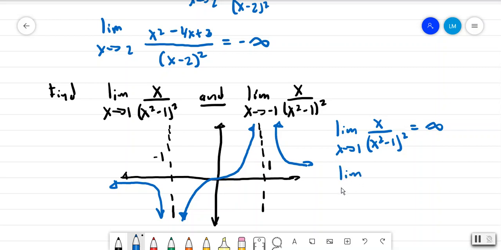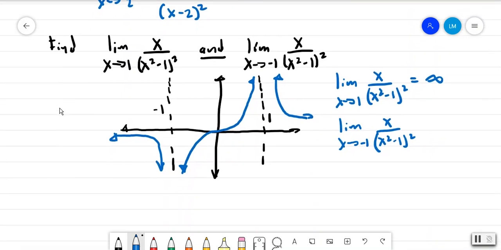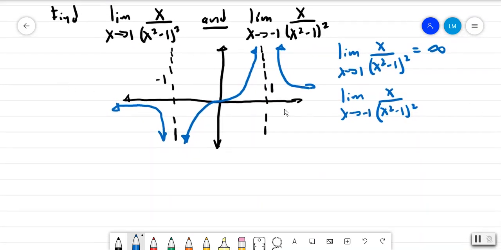But then for the limit as x approaches negative 1, no matter how you do this, whether you make a table or whichever, you'll find that it goes to minus infinity on both sides. So that means that it goes to minus infinity.